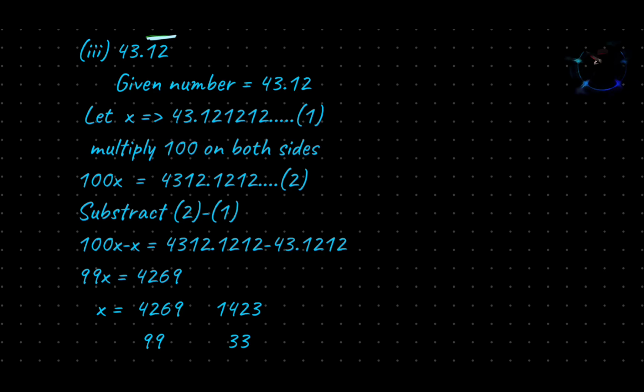Multiply 100 on both sides. x into 100 is 100x. Then 100 into 43.12, and so on. So we are adding two zeros, right? Let's move forward two numbers. If we divide 43 by 100, we are moving back two numbers.